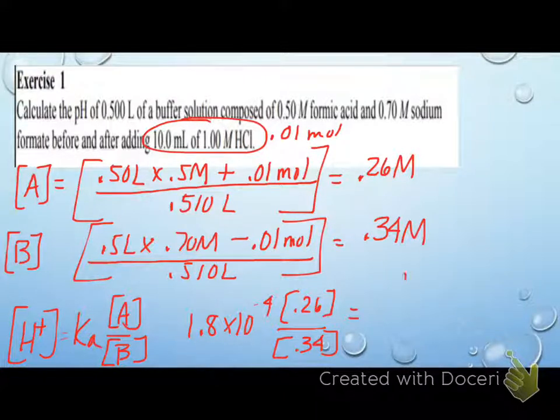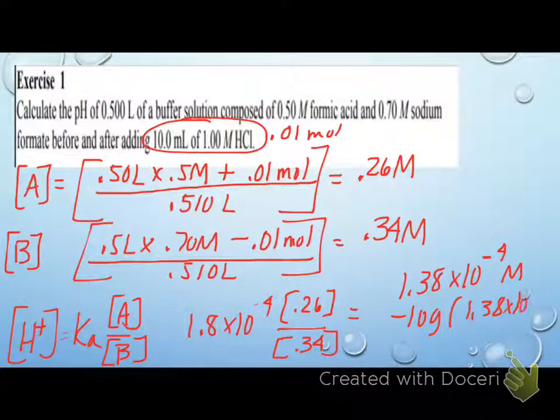I think I get 1 point, someone do that for me just to make sure. Okay. So then my pH is 3.86. So you can see that because this is a buffer, I added 10 milliliters of acid and my pH only changed by 0.03. So it proves to you that this was a buffer.